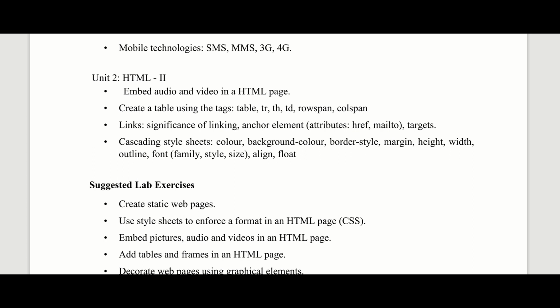Also you have cascading style sheets, with color and background color. These are the properties which you have to follow. So you can see the video on creating a table and creating a web page. I will share the playlist link in the description box for detailed reading.